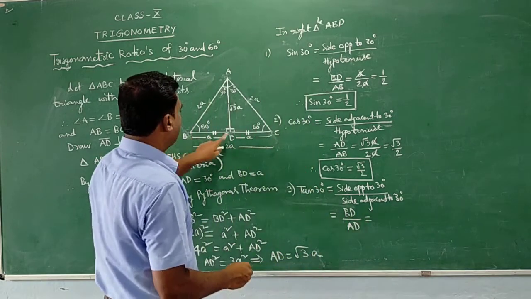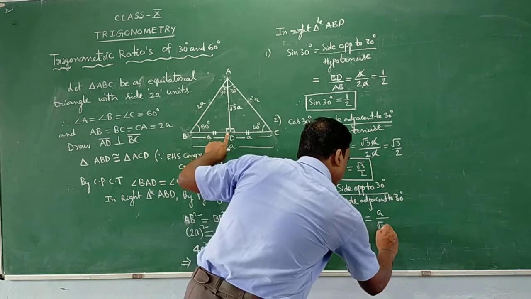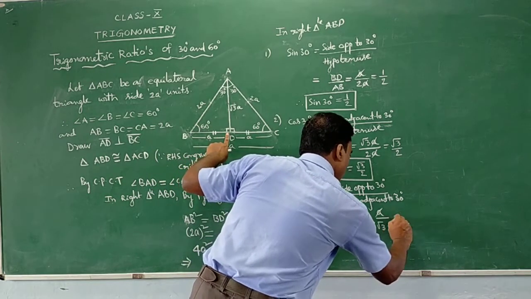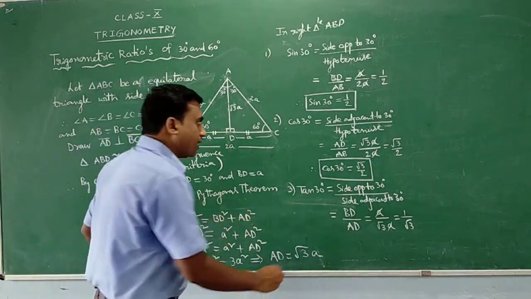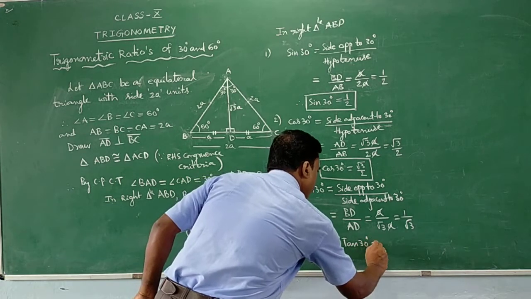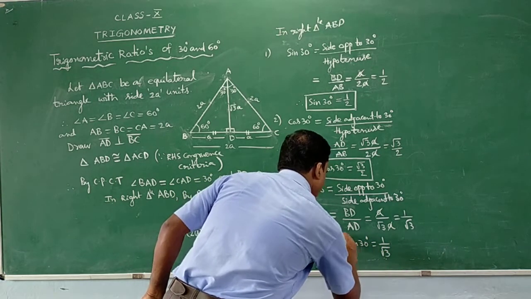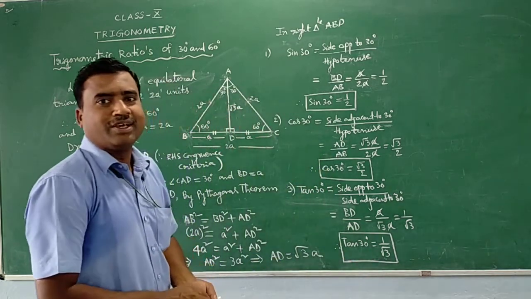BD is equal to a, and AD is equal to root 3a. The a's cancel, giving 1 by root 3. Therefore, tan 30 degrees is equal to 1 by root 3.